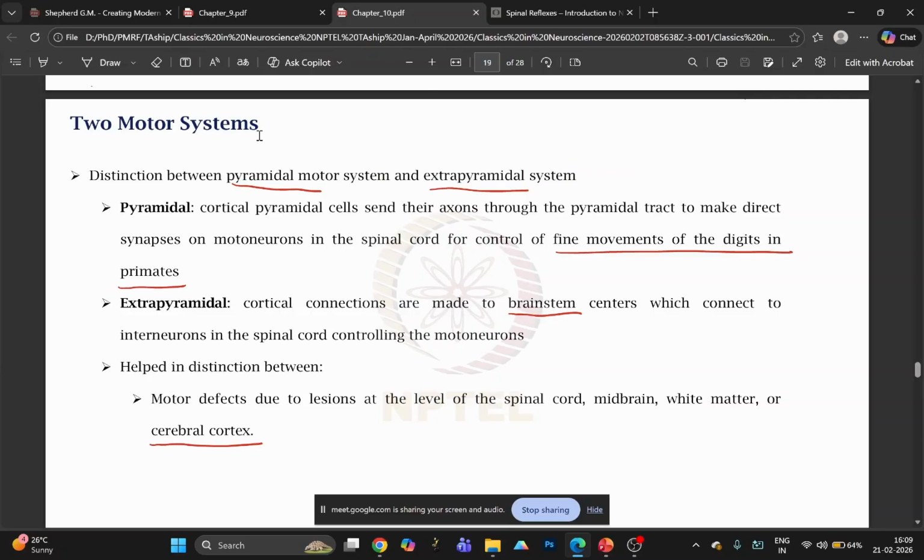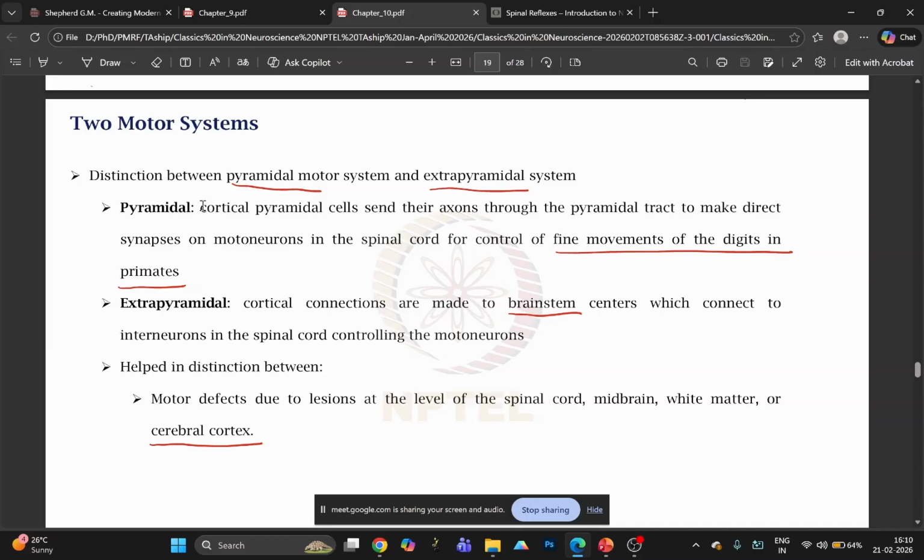So the two different motor systems in the cortex were shown to exist. One, the pyramidal system, in which the cortical pyramidal cells send their axons through the pyramidal tract to make direct synapses on the motor neurons in the spinal cord.